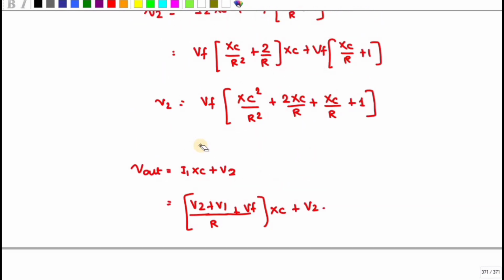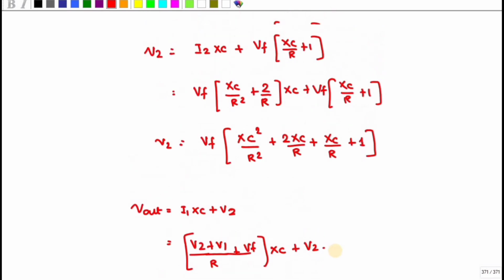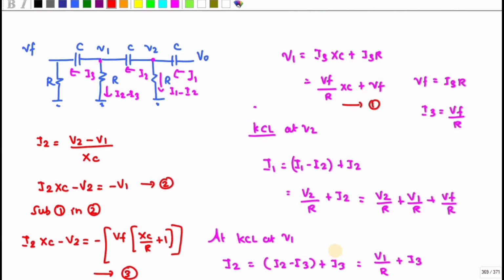V2 is equal to Vf into Xc square plus 3Xc by R square plus 1 plus V1. So what is V1? V1 is equal to Vf Xc by R plus 1.